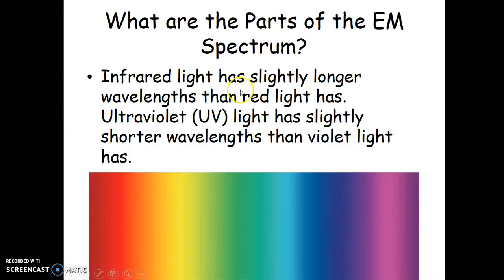Now, infrared light is slightly longer wavelength than red light. Okay? And ultraviolet has a slightly shorter wavelength than violet light. What that means is infrared would be beyond, okay, red. It'd be on this side, and ultraviolet would be shorter wavelengths. It'd be beyond violet over here on this side.